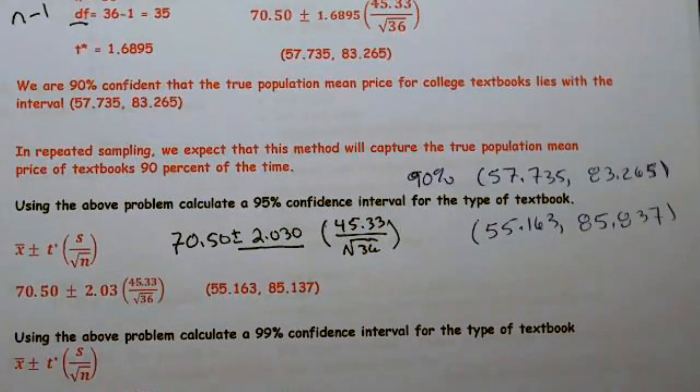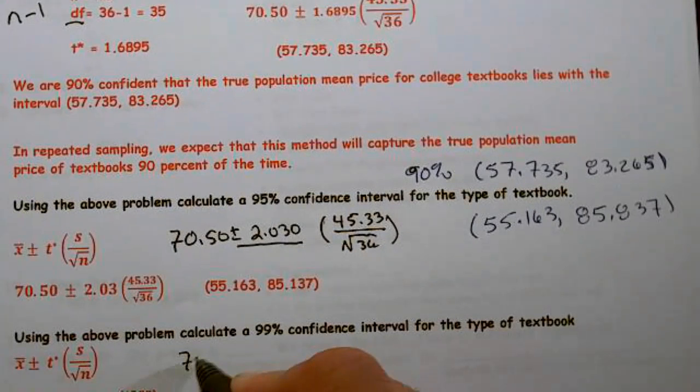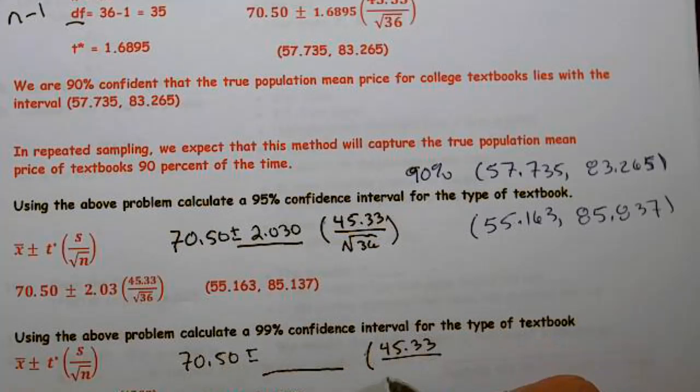The next one, we're going to do the same thing, but we're going to calculate a 99% interval. Well, if I'm calculating that, I'm still going to have the same X bar, which is still going to be 70.50 plus or minus. We'll come back and do T star in just a moment. We have 45.33 for the standard deviation of the sample, and our sample size was 36.